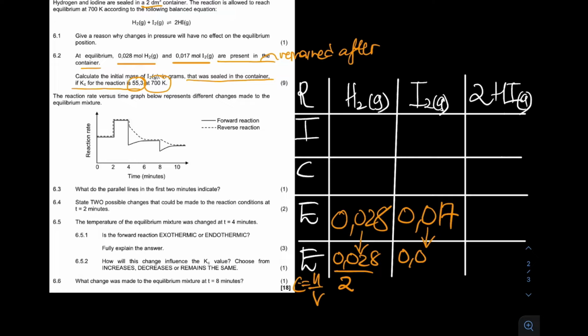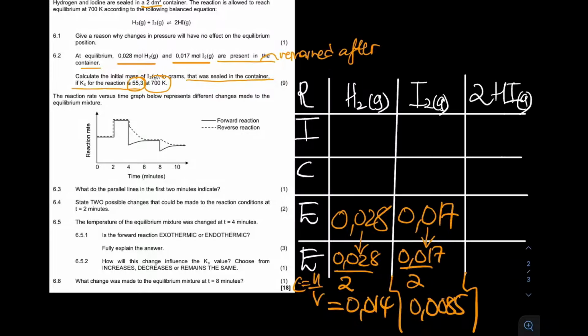And here it's going to be 0.017 divided by 2. So the answer there is going to be 0.014, and this concentration is going to be 0.0085. That's the concentration there.